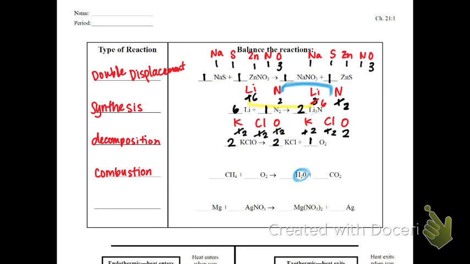Okay, so C, H, and O. The C is a 1. H is 4, O is 2. 1, 2, 2, 1. The C is 1. O is actually 3. Be careful there. They're broken apart, but there are 3 total.